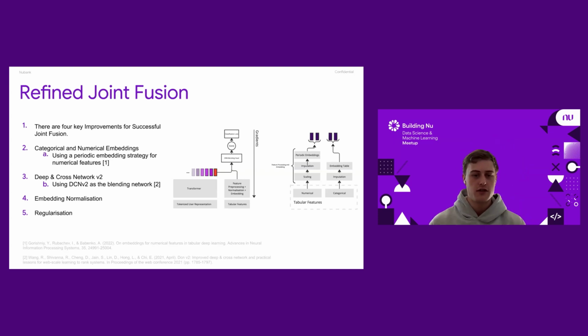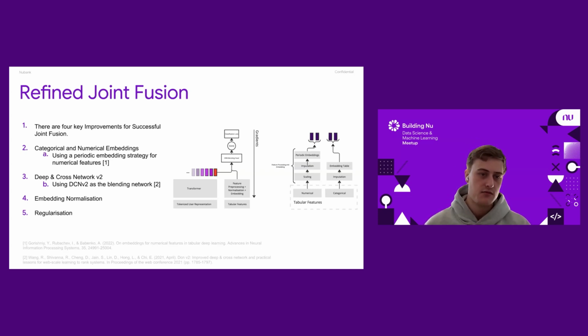They have 2 different approaches for constructing embeddings of numerical features. We use this periodic embedding strategy. Essentially, you project your one-dimensional tabular feature onto a vector of frequencies, and you apply periodic activations like sine and cosine. And this works really well.